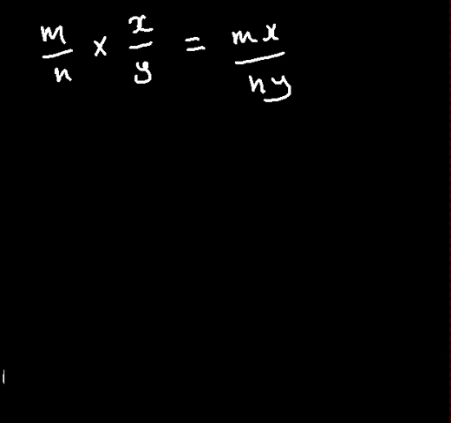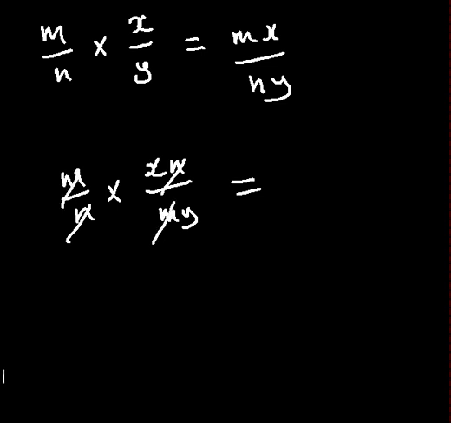And likewise, if we have m over n times xn divided by my, this is the same as having the n cancelled. This is the same as x divided by y. In other words, we can cross cancel like that.